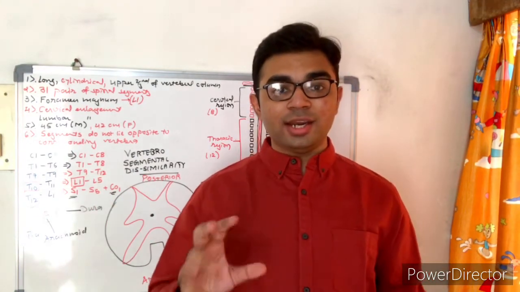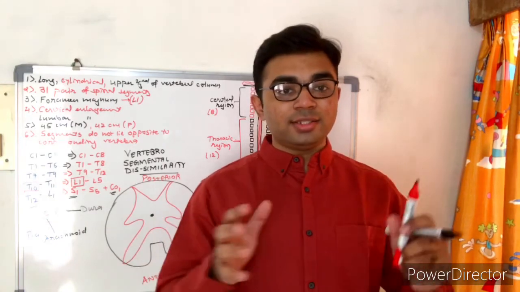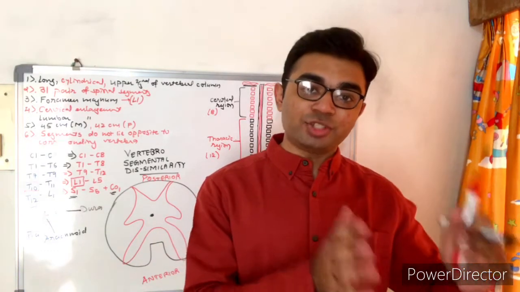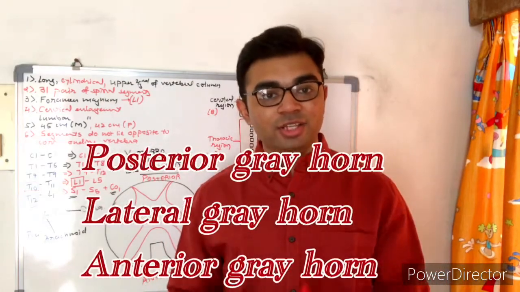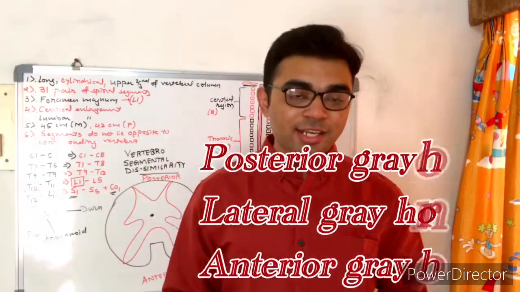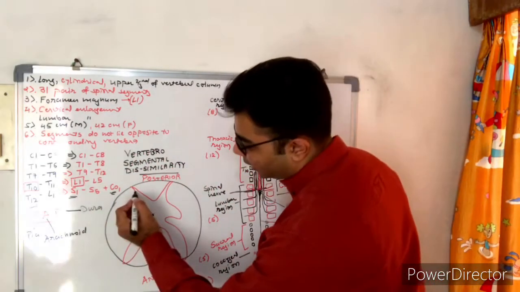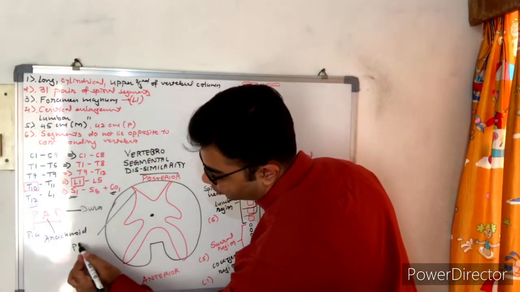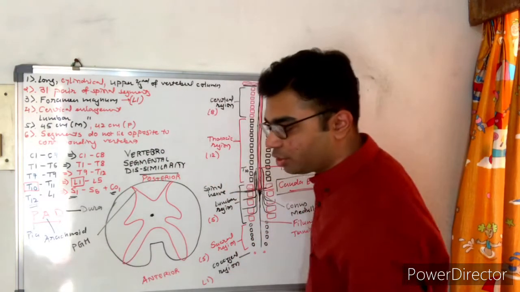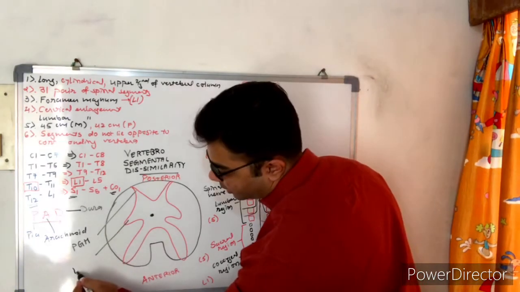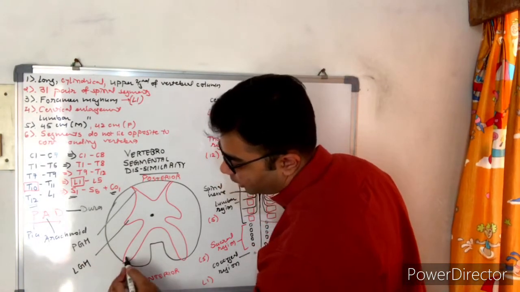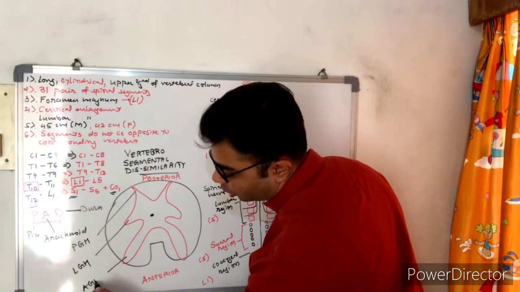The nuclei are in sequence: first we will focus on the posterior grey horn, then comes the lateral grey horn, and then the anterior grey horn. This area is known as the posterior grey horn. I write it as PGH, that is posterior grey horn. This area is the lateral grey horn, and the anterior one is the anterior grey horn.